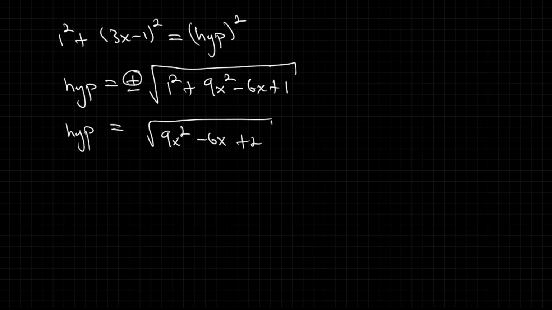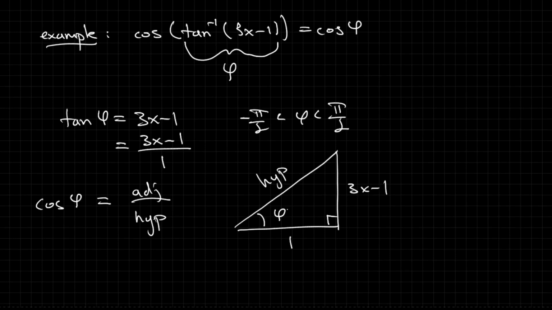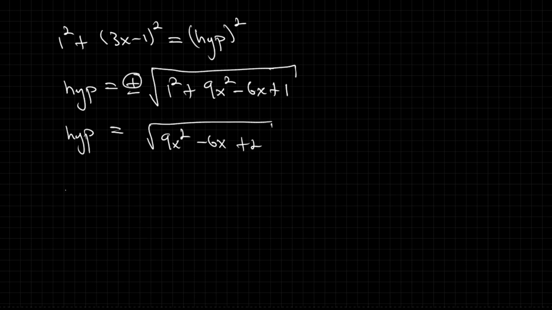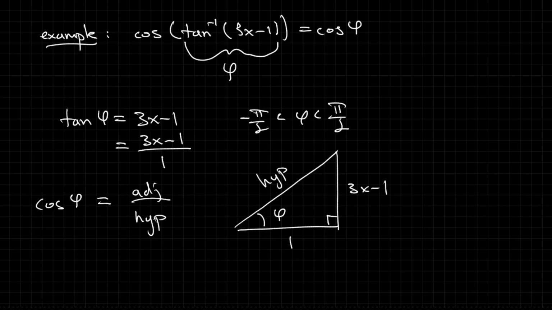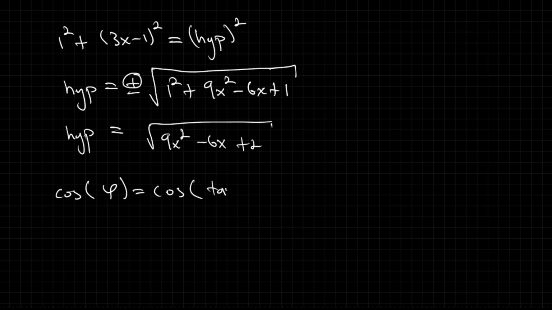And from there, once we have the hypotenuse, we can figure out what cosine of this angle is. It's going to be 1 over the hypotenuse. And so cosine of our angle phi, which is, well, that's what we wanted to figure out, right? Cosine of tan inverse of 3x minus 1.